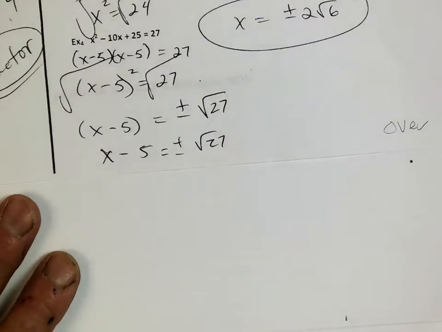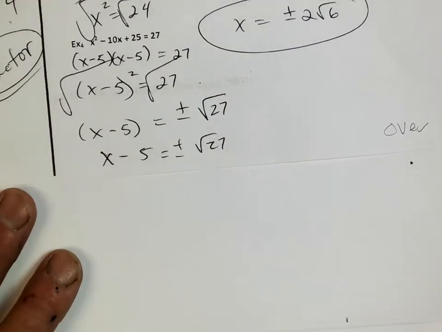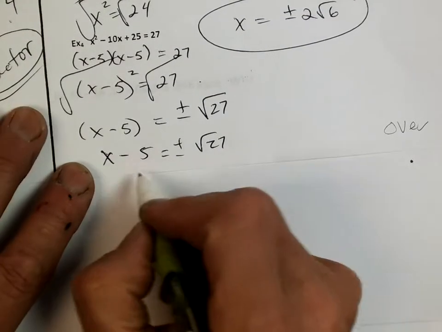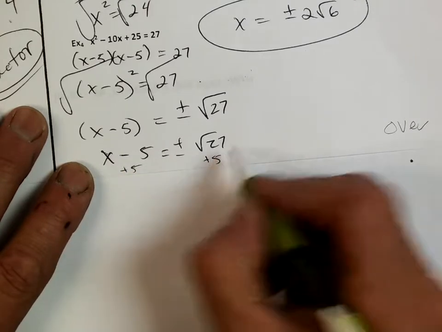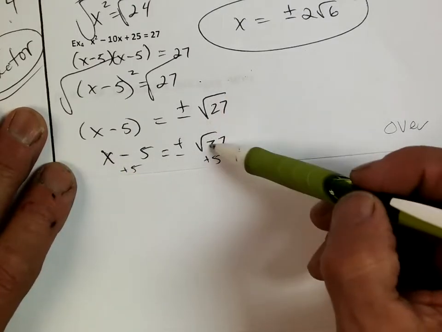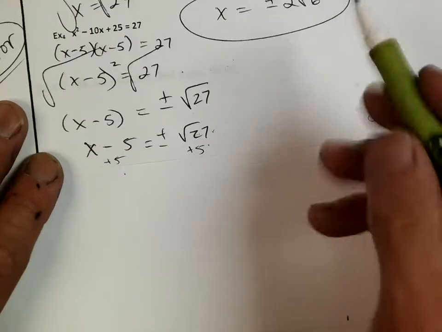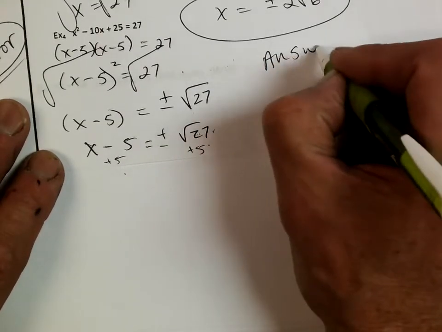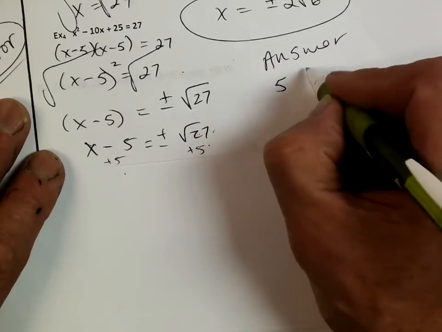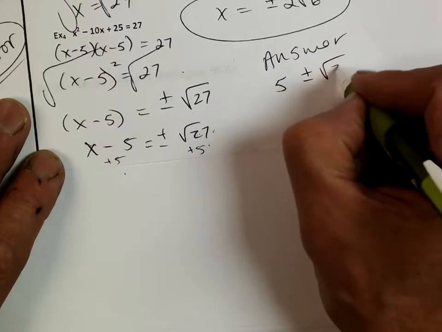You're ahead of me. Good. Let's add the 5. So if I add the 5, plus 5, you can't add these. That's a square root number, and that's a regular number. So your answer would look like 5 plus or minus the square root of 27.